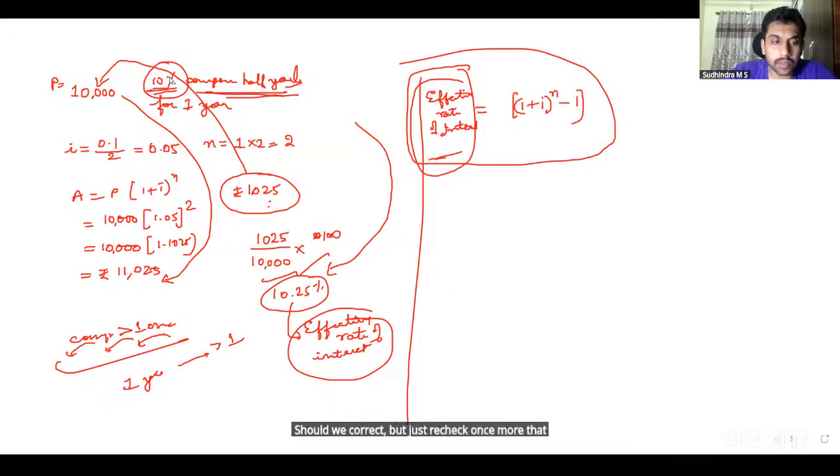That may not be the perfect answer. Very good, Dhanush. Correct answer. Very good, Ashika, correct?